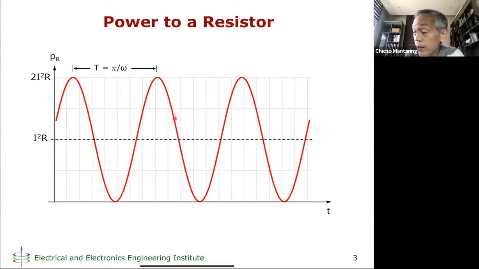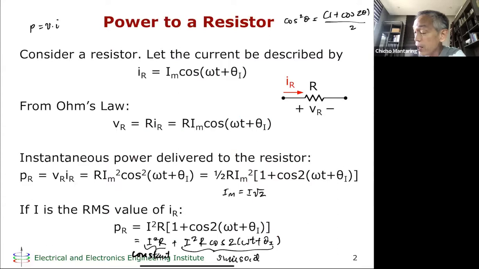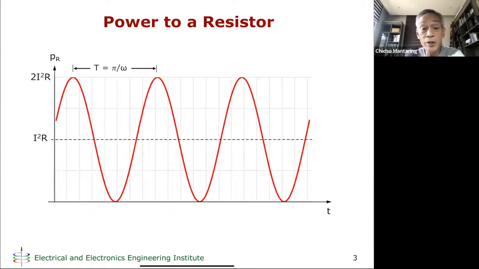The maximum value of our instantaneous power would be 2 I squared times R, because the maximum value of this cosine function is equal to 1. So when this cosine function is equal to 1, the maximum value of our instantaneous power would just be 2 I squared times R. So if you take a look at the instantaneous power delivered to a resistor, you have an average value.